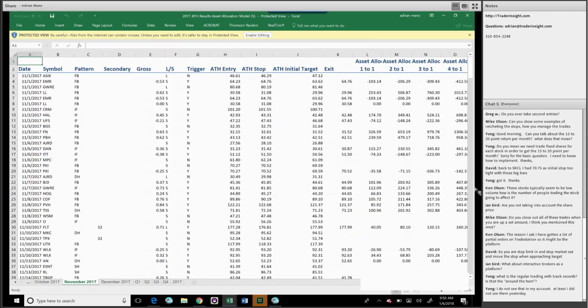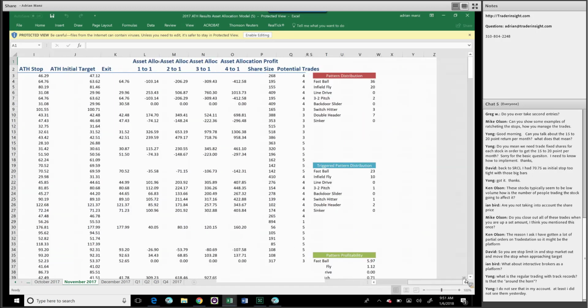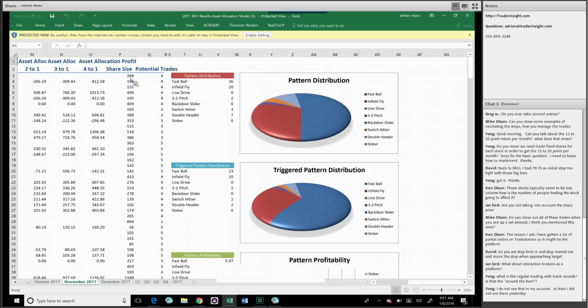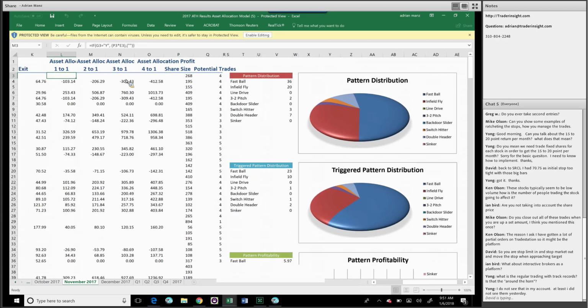Or if you go through and look at these asset allocation columns, what those are showing you is how many shares you would be trading of each one of these stocks based on the price and, in this case, you have 4 possible trades for this day, 1, 2, 3, 4 trades that are possible.